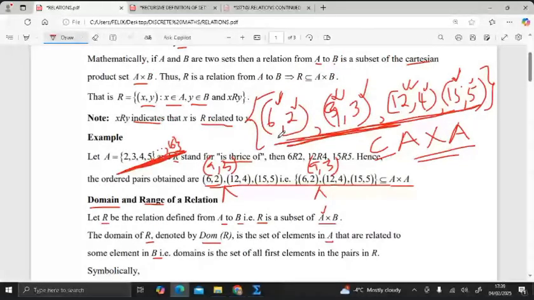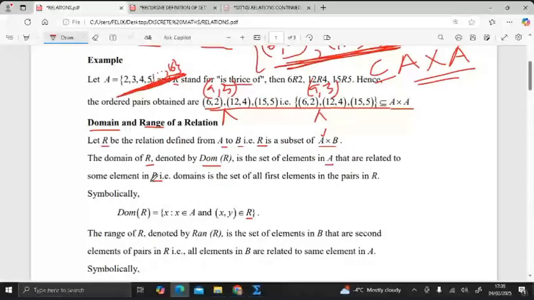And you can see these ones are in R. Remember, our relation in this case is this one. This one is R. And you notice that the ones that are in this relation are 6, 9, 12, and 15. That is the domain. And the range consists of 2, 3, 4, 5.